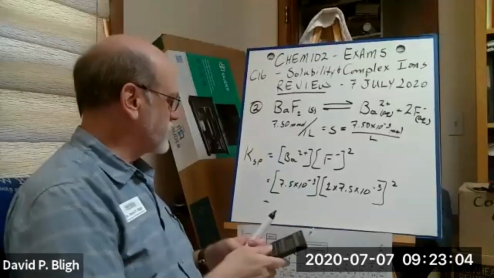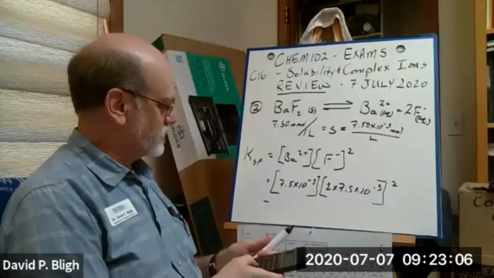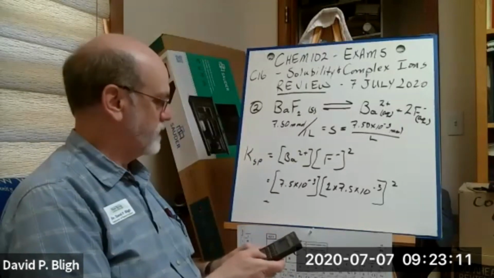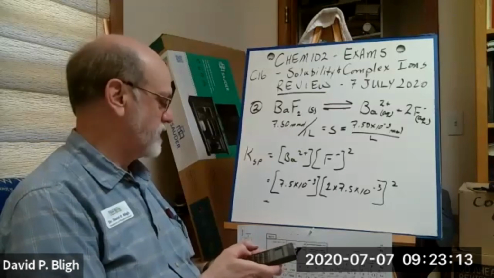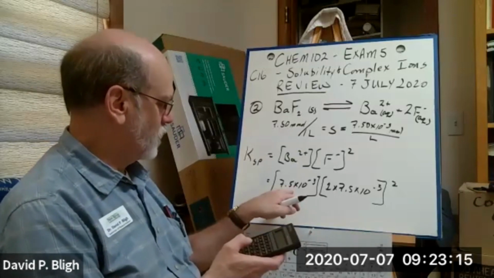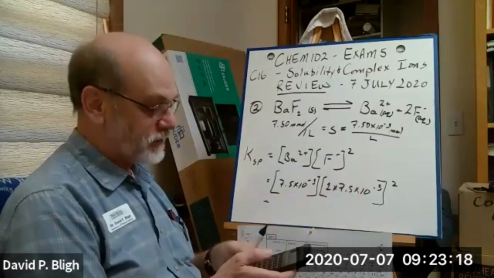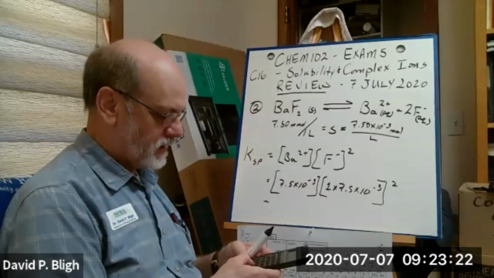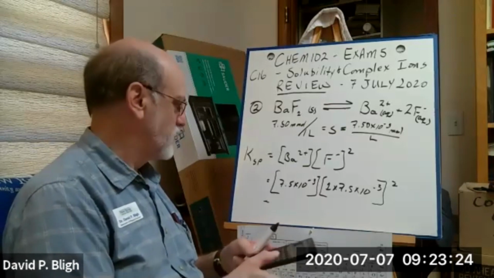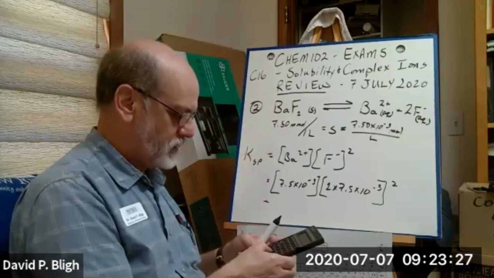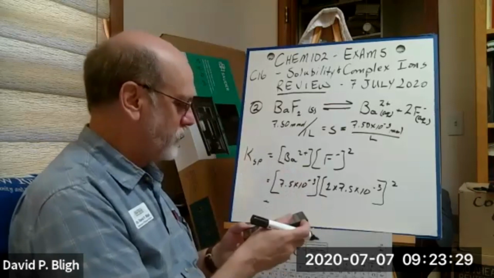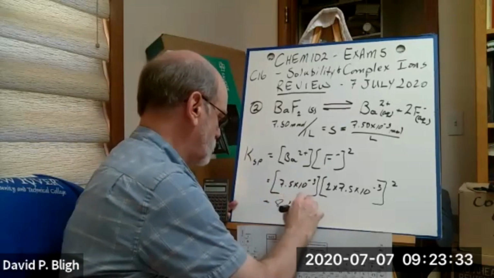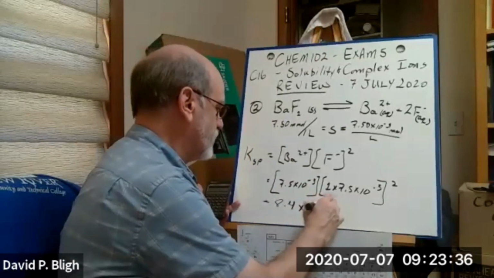I could cheat and look at my sheet, but I want to do it longhand just to be sure. 7.5, 10 to the minus third, and this is going to be 1, 2, 3. Actually, it's to the third power. Here it is. And then times 2. So I get 8.4 times 10 to the minus 7.